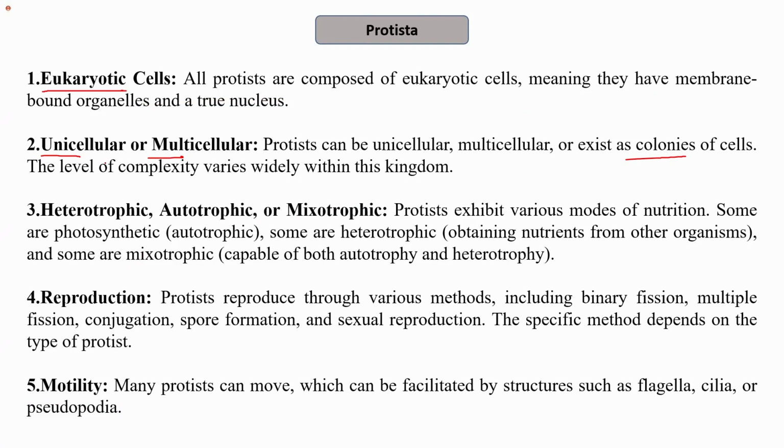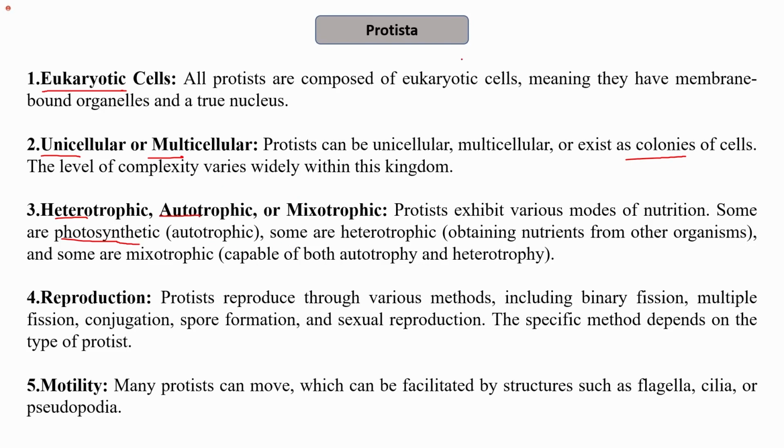Also, when I talk about the nature of their nutrition, they may be heterotrophic, that is, dependent upon other organisms for their food. They may be autotrophic, that is, photosynthetic, and can make their own food using sunlight or by various other methods, like having their own chlorophyll, using which they can synthesize their own food.